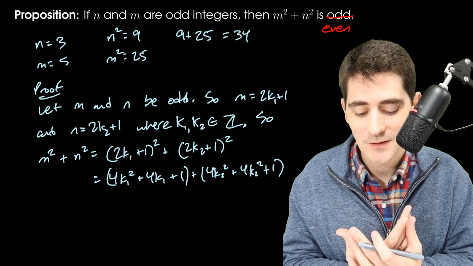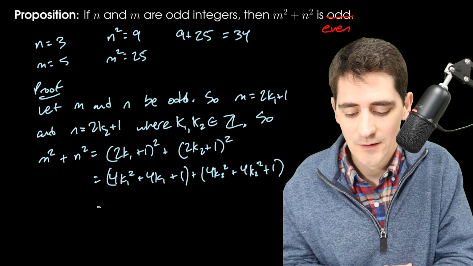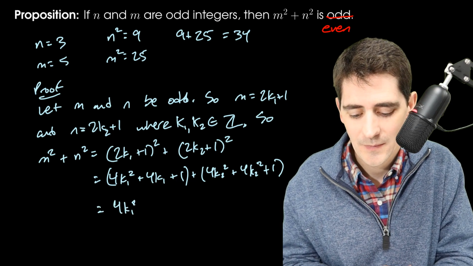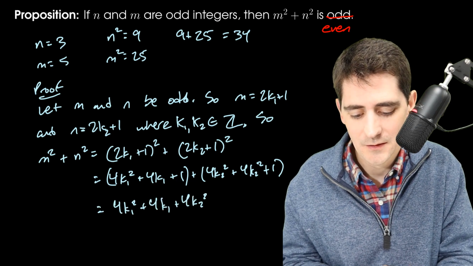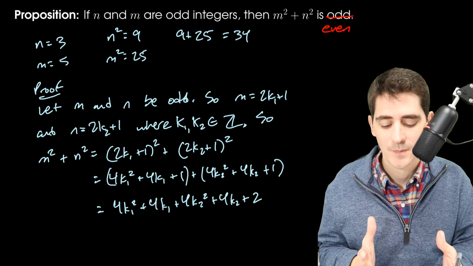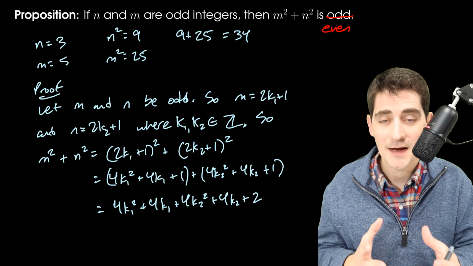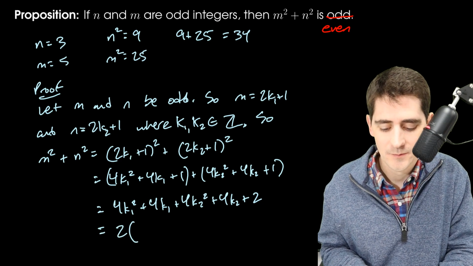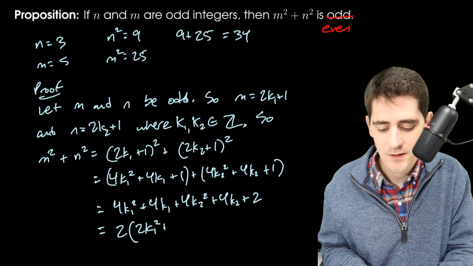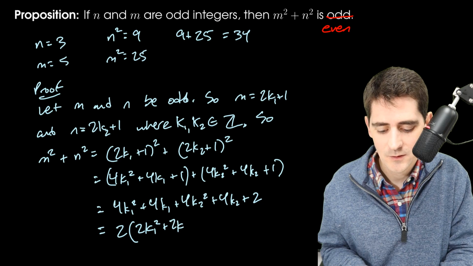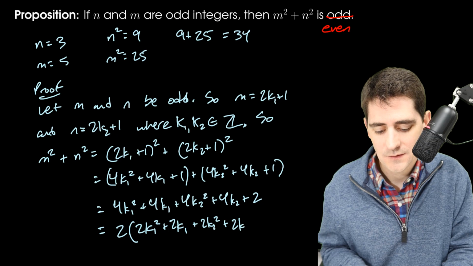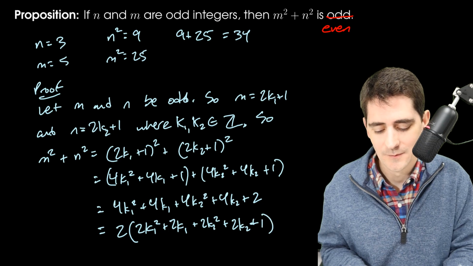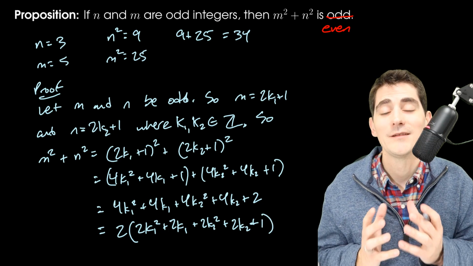Now, when I combine my like terms, I don't have a lot, but notice that those plus 1s add up to be a plus 2, which will allow me now to factor out a 2 out of everything. So I have 2 times (2k1 squared plus 2k1 plus 2k2 squared plus 2k2 plus 1). That is even, right?